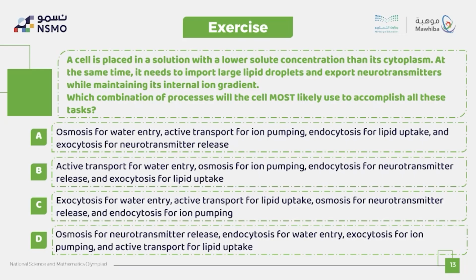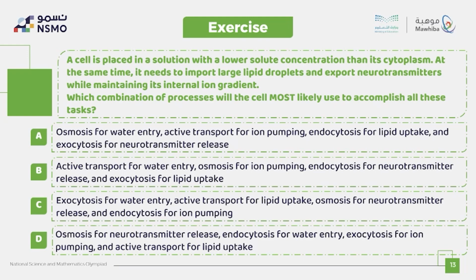A. Osmosis for water entry, active transport for ion pumping, endocytosis for lipid uptake, and exocytosis for neurotransmitter release. B. Active transport for water, osmosis for ion pumping, endocytosis for neurotransmitter release, and exocytosis for lipid uptake.